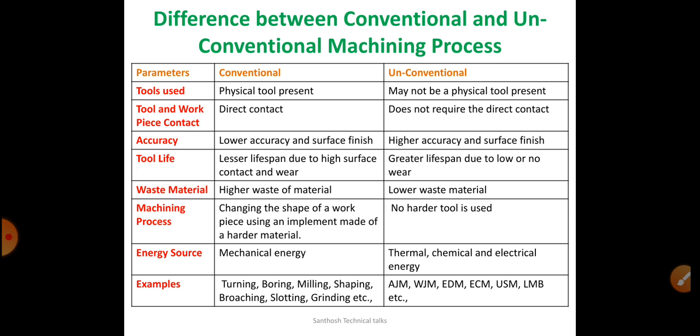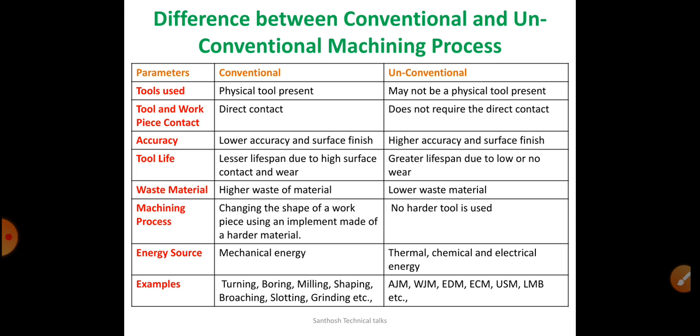So the tool life in conventional machining is too low when compared to unconventional. In unconventional, there is a greater lifespan due to low or no wear. In some of the processes, it produces very low wear, and in some of the processes, there is no tool wear.